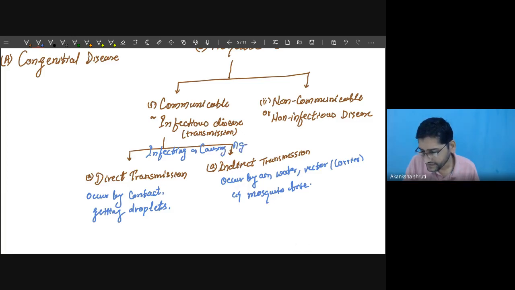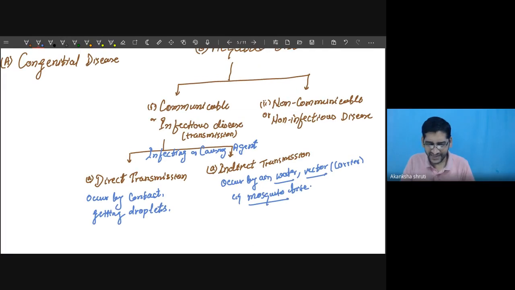Here, what is the agent? Water or the mosquito. Based on the various agents, this may be a mosquito, a virus, or a bacteria, etc. We will understand all these things.